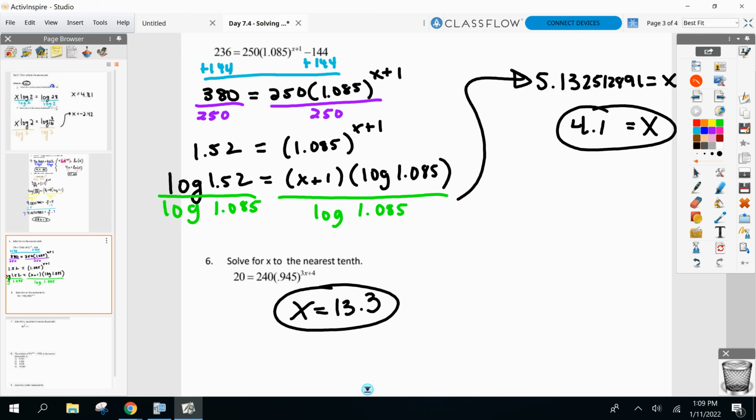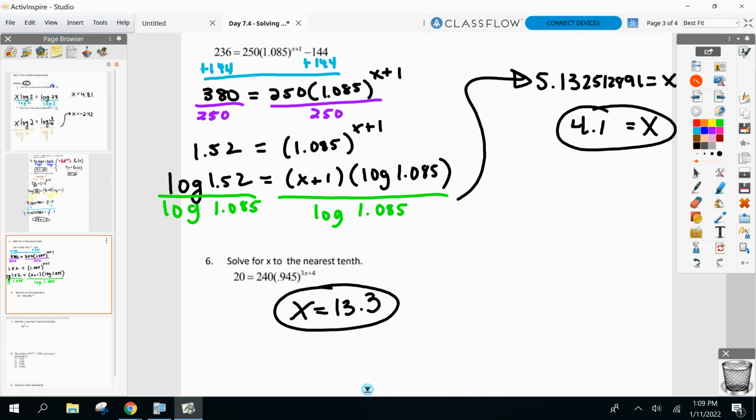Are we getting there? Hi, Jenna. What did I do wrong? Divide by 240, I didn't. Log both sides, I didn't. Divide by log 0.945, I didn't.